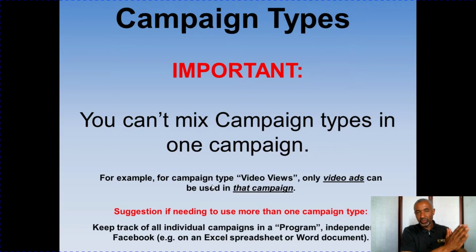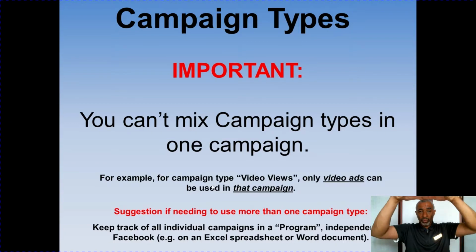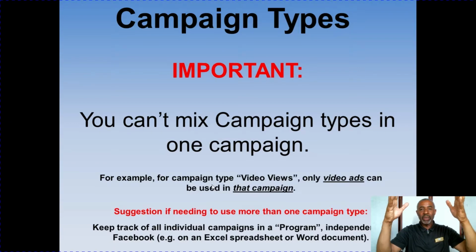Now, if you do want to use more than one campaign, like in the introduction slide, this presentation is geared towards brand awareness and lead generation. So if you want to use two different campaigns to achieve an overall objective, you would want to manage that somewhat as a program. I'm thinking of my past experience in project management.